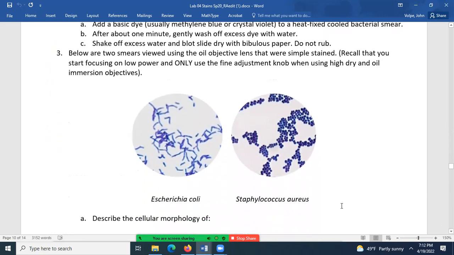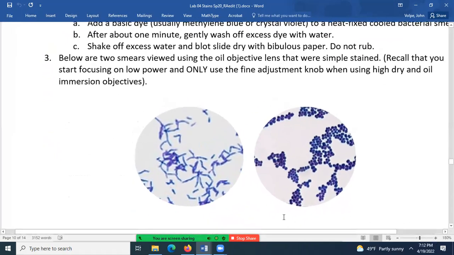All right, so here's a smear of a simple stain. They're both purple. This is E. coli, and this is Staphylococcus aureus. Let me warn you that right here, that's 2 cells hooked together. Right there, that's at least 2 cells hooked together.